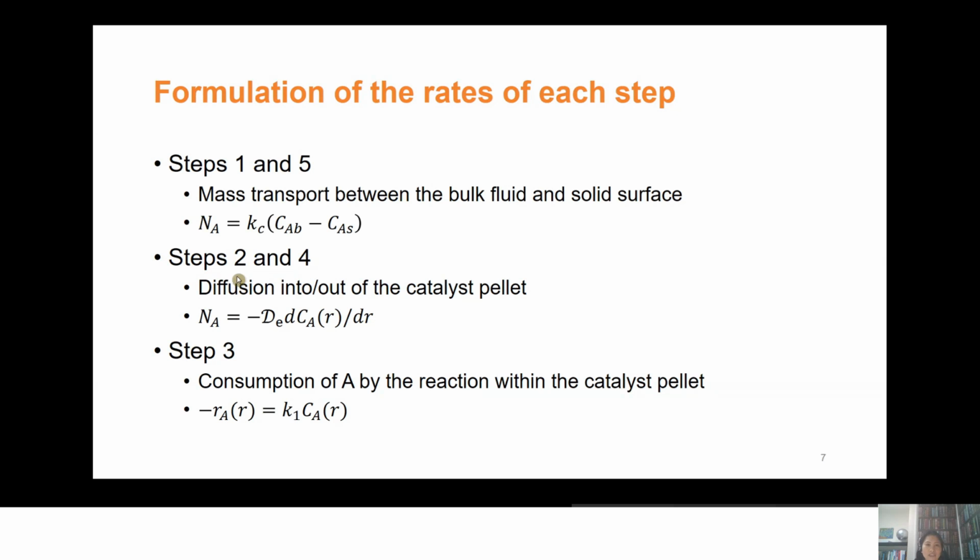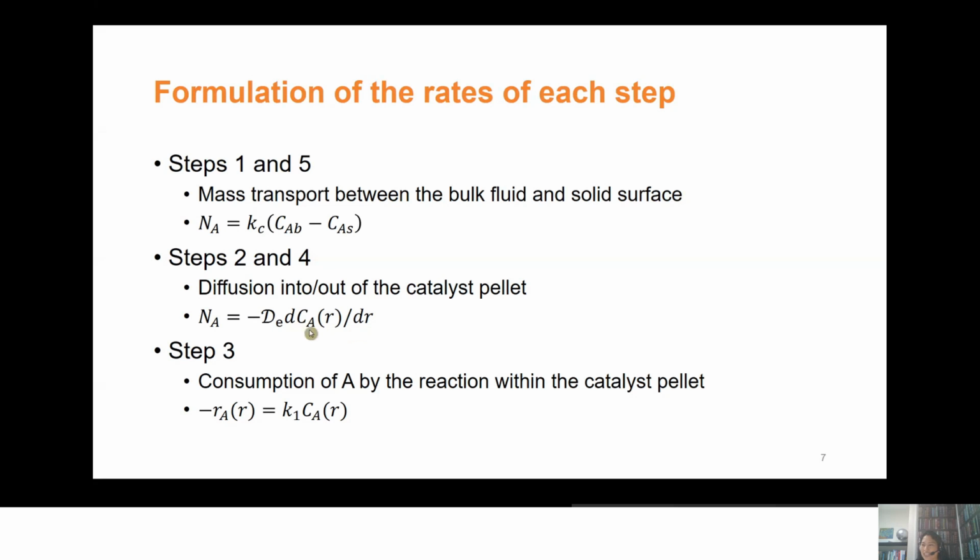Okay, so steps 2 and 4. Steps 2 and 4 are internal diffusion steps, so these are inside the pore. We said that we can use Fick's law to obtain the flux of the reactant into the pores and the product out of the pores. Fick's law states that the flux of A, which we denote as Na, is the effective diffusivity multiplied by the concentration gradient along the radius of the pellets.